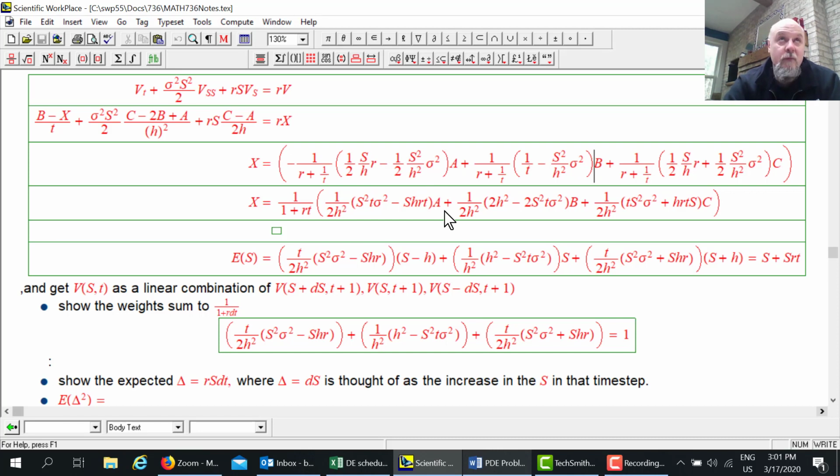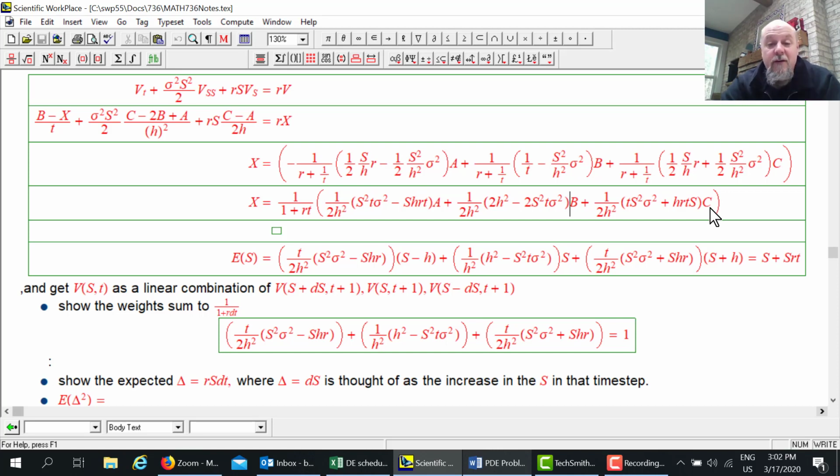It's up in the spreadsheet, but that's because we start labeling from S equals 0, S equals H, S equals 2H, S equals 3H. So this would be if the stock went down in value during the next time step. B would be if the stock stayed the same during the time step. And C would be if the stock went up during that last time step.